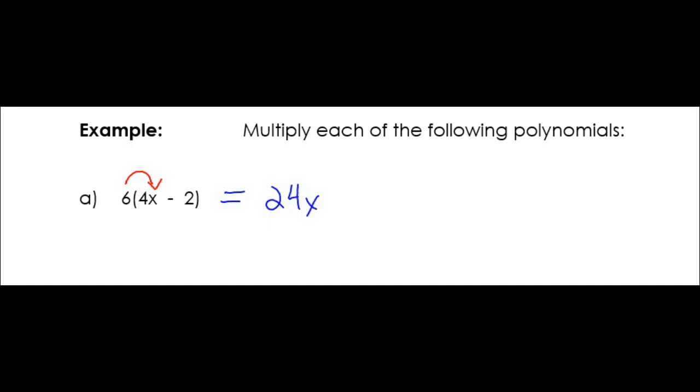I'm going to go ahead and say, well, the 6 also needs to be multiplied by the second term in this binomial. But here's the kicker. I need to remember that the 2, I'm subtracting 2. So that really means I need to consider that as a negative 2. So 6 times negative 2 will give me a negative number, negative 12. And there's nothing more I can do with that question because I can't combine an x with a constant.